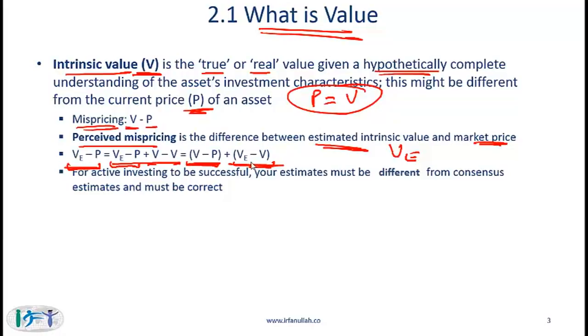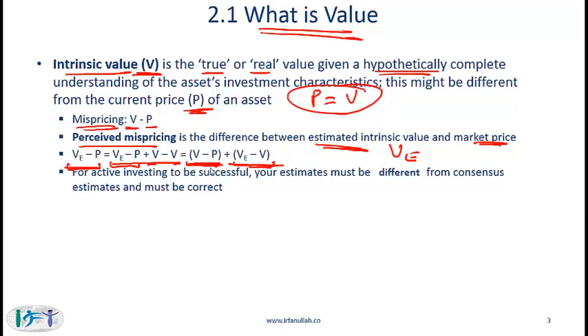If you are an active investor and you are trying to identify underpriced securities, then for you to be successful in the long run, two things need to happen. The first is that V and P need to be different, in the sense that obviously in a completely efficient market, the value will be the same as price. So the assumption is that you are operating in a market that is not efficient.